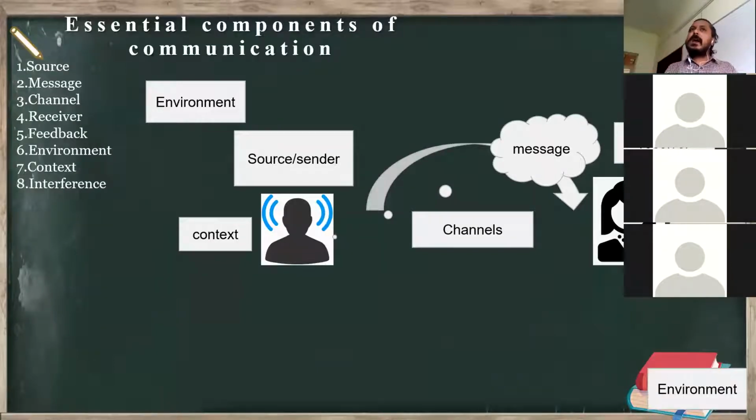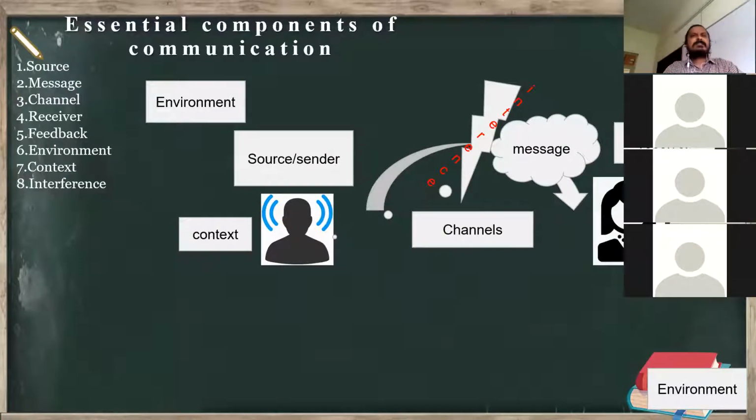Similarly, the environment in which I'm talking may affect how Meet is going to understand the message. I'm not using the technical words, encode and decode, we'll come to that later on. So Meet will understand the message based on his context, his environment, and then he will try to understand it if there is no interference.